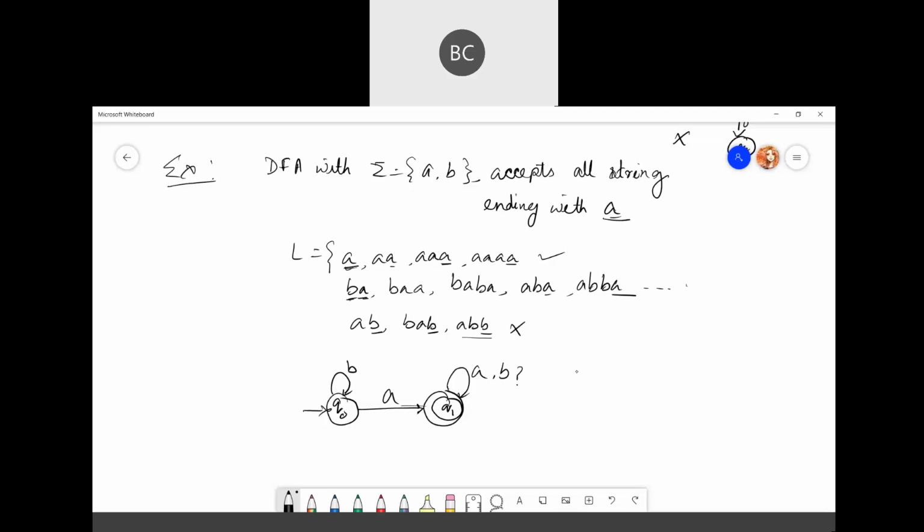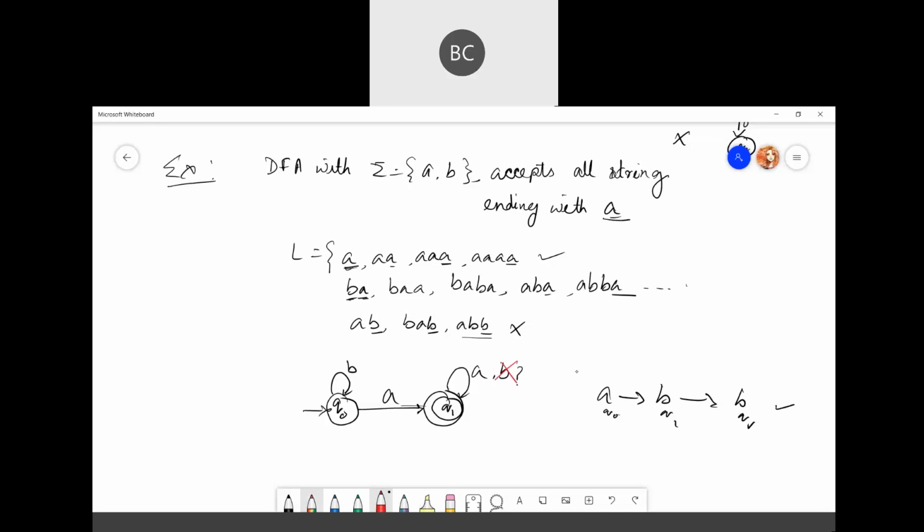How? Will read A, then B, and B. So A is Q0, Q1, Q1. So this will be accepted. But that's not the condition. Right? It should always end with A. So we cannot do this. We cannot do this B here.